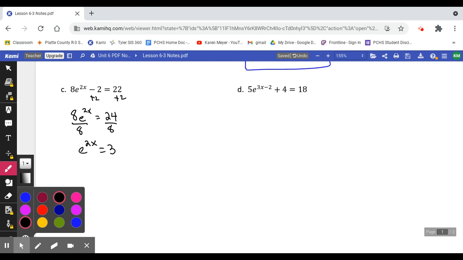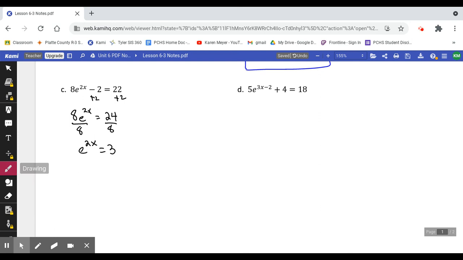Now, instead of putting a log on both sides, whenever you have e, the e is the base of ln. So don't put log, put ln on both sides. So I'm going to do ln of e raised to the 2x equals ln of 3. Remember for ln, the base is always e. So basically the ln and the e cancel each other out.